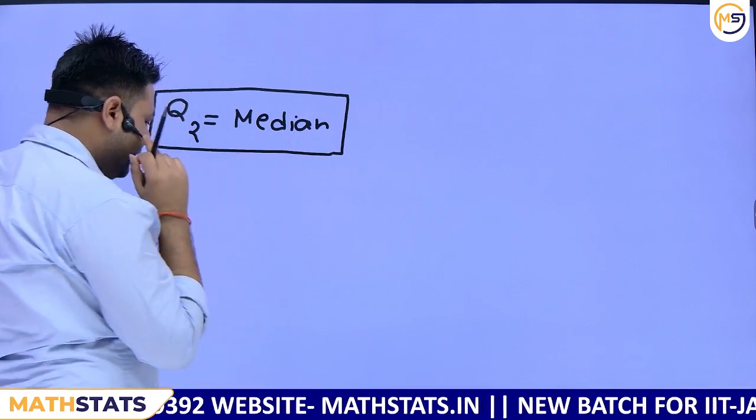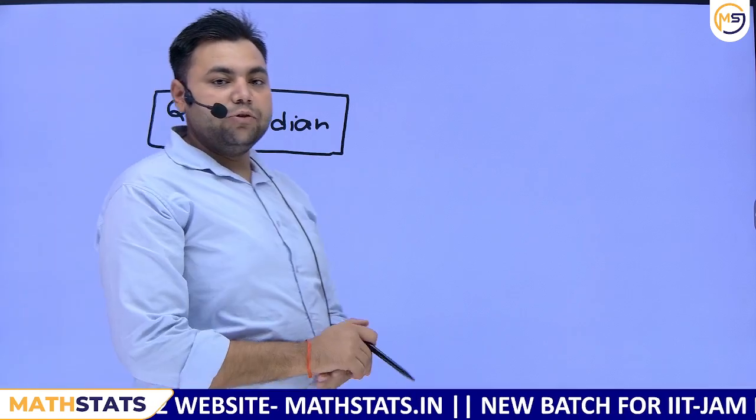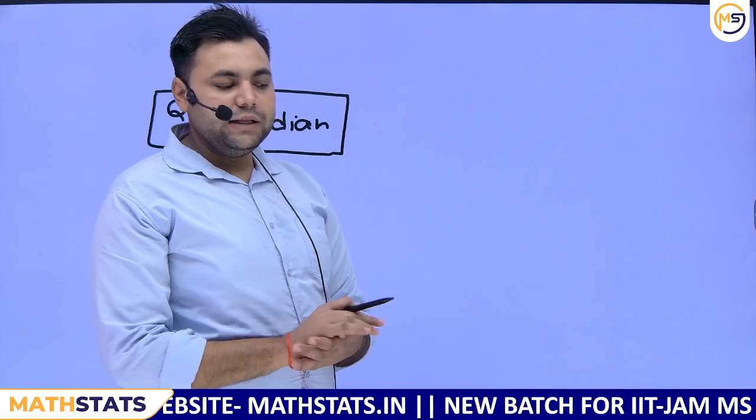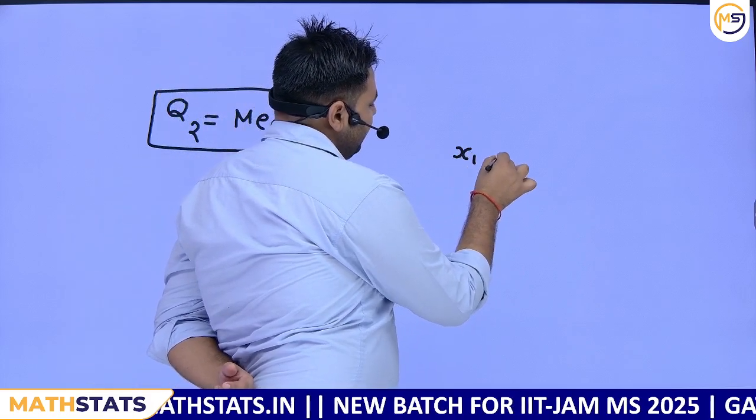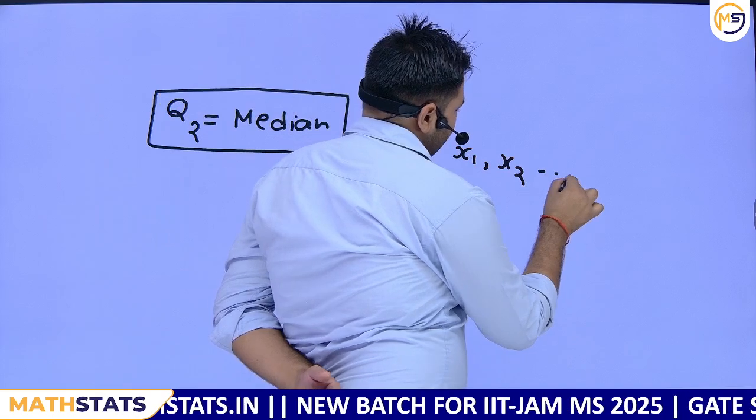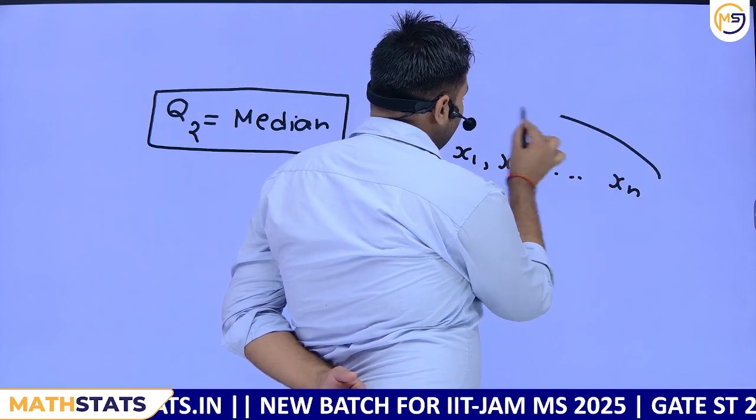How will we find the quartiles in a data series? Suppose we have data x1, x2, ..., xn. How can we find the quartile?